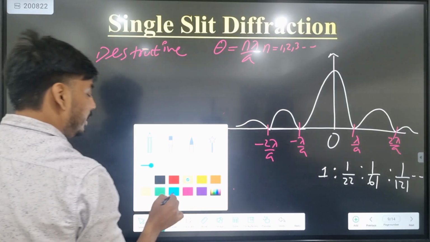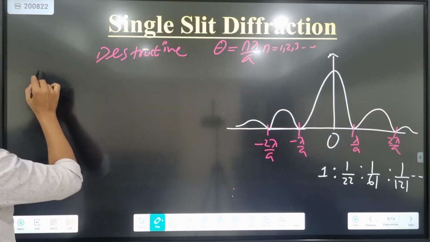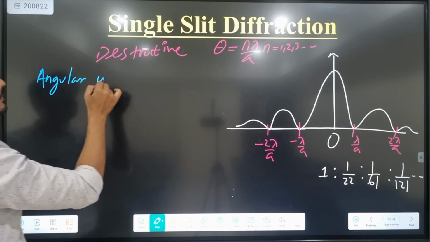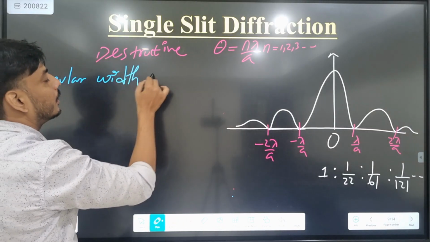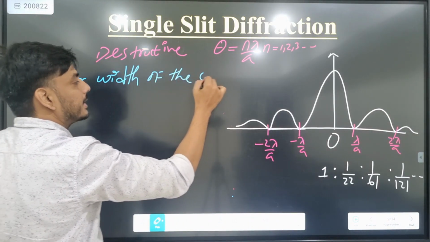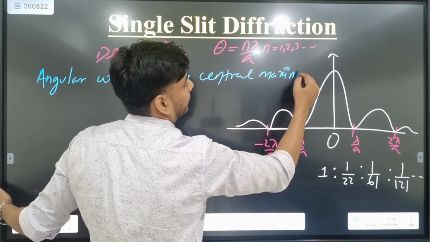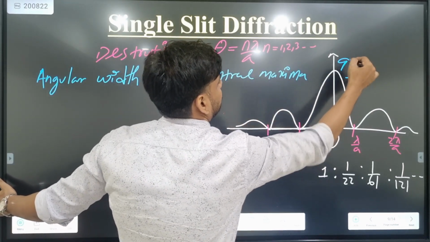Now we are going to calculate the angular width of the central maxima.